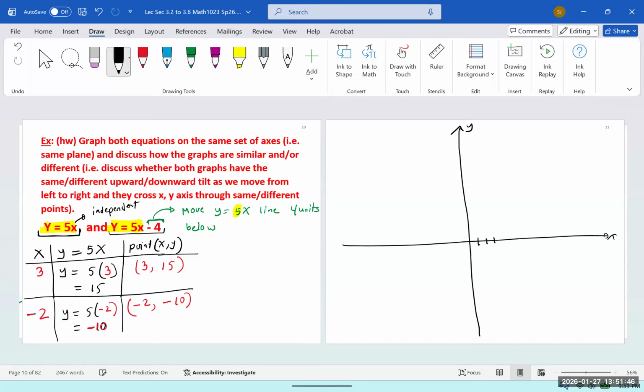So 1, 2, 3. 1, 2, 3, 4, 5, 6, 7, 8, 9, 10, 11, 12, 13, 14, 15. So first point is here. 3, 15. And then we have next point, -2, -10. So -2 is here. And then 1, 2, 3, 4, 5, 6, 7, 8, 9, 10. -10 is here.